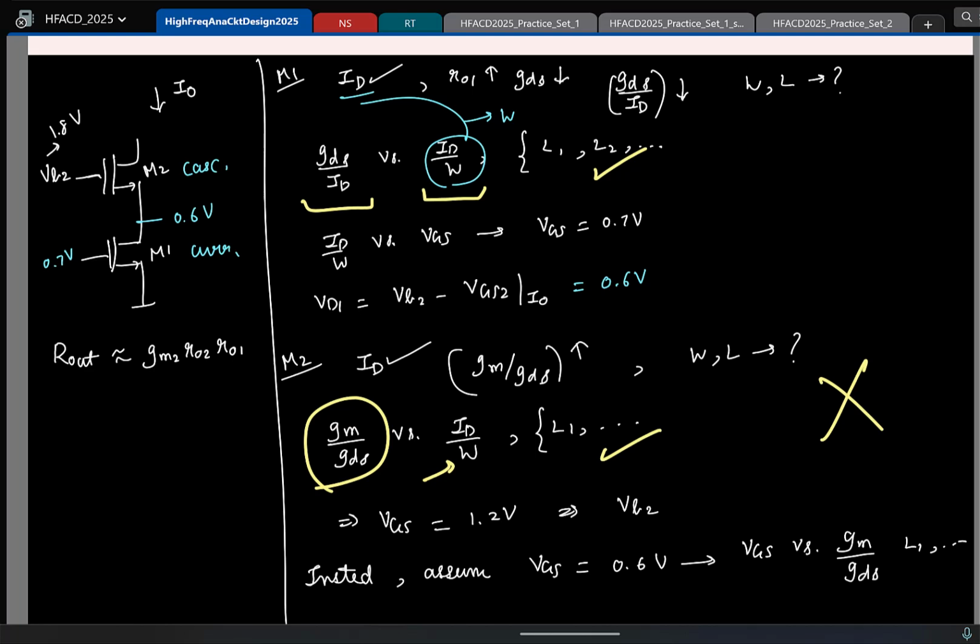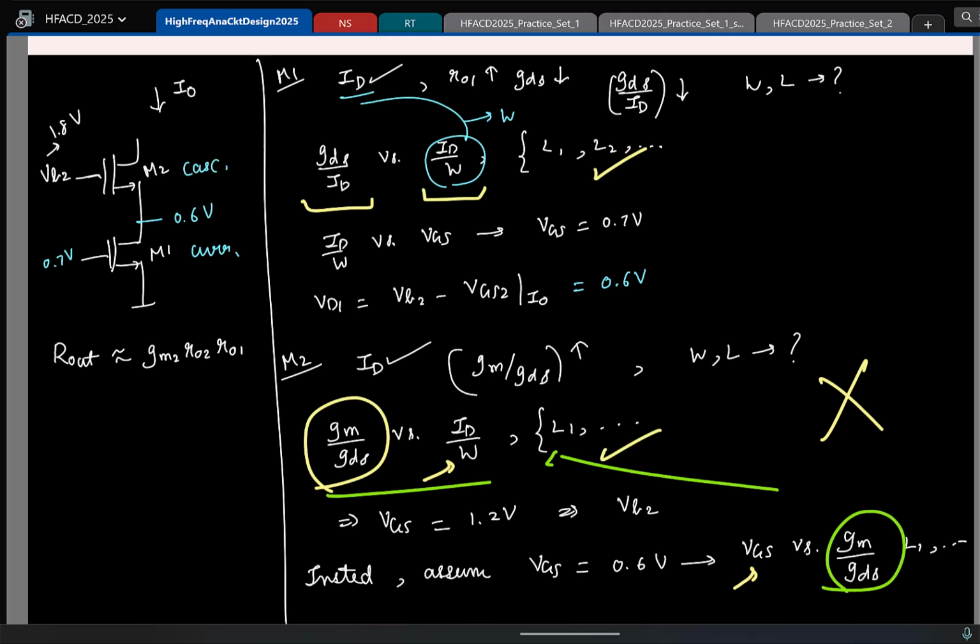I know what is the VGS and I'll choose a particular length that gives me good GM by GDS. Okay, is the logic fine? And the moment I know GM by GDS, I can do the same thing back. I'll plot GM by GDS versus ID by W and find width from there.